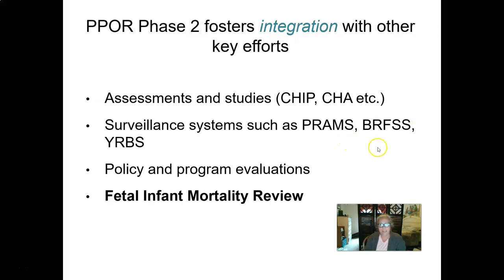The other surveillance systems, even if they're at the state level, can sometimes help inform you, especially about a small population group that you can't really survey in your community. Policy and program evaluations are really important. If you've got evaluation results, use them. And use programs like the Fetal Infant Mortality Review, as I mentioned before. That really adds a lot of information that we need. When we're just relying on vital records, it's not enough.